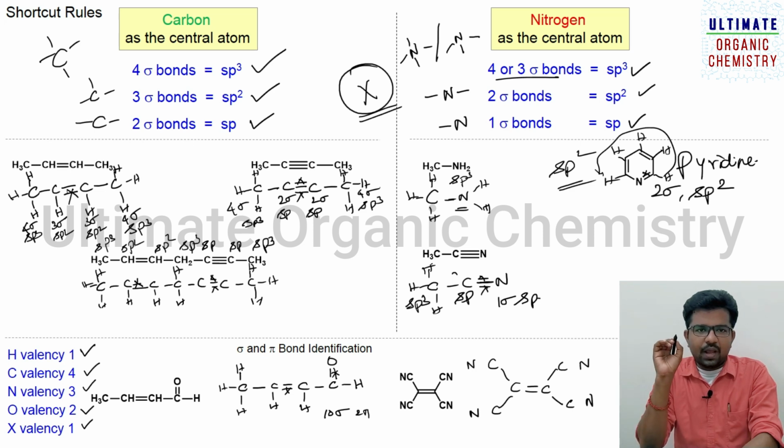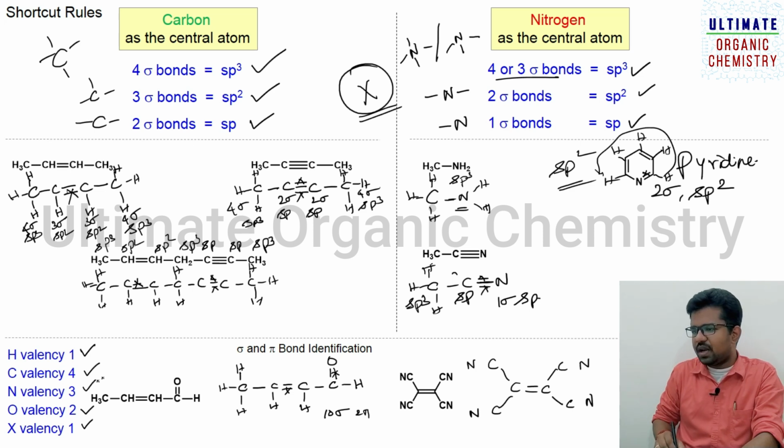So valency means that only one bond can be formed if a hydrogen atom is present. If it is carbon, there should be 4 bonds around the carbon atom, nitrogen means 3 bonds should be there, oxygen means 2 bonds, halogen means only 1 bond. So that is valency. And if you check, the nitrogen valency is 3, which means 3 bonds should be there between nitrogen and any atom, and 3 bonds have been given here.